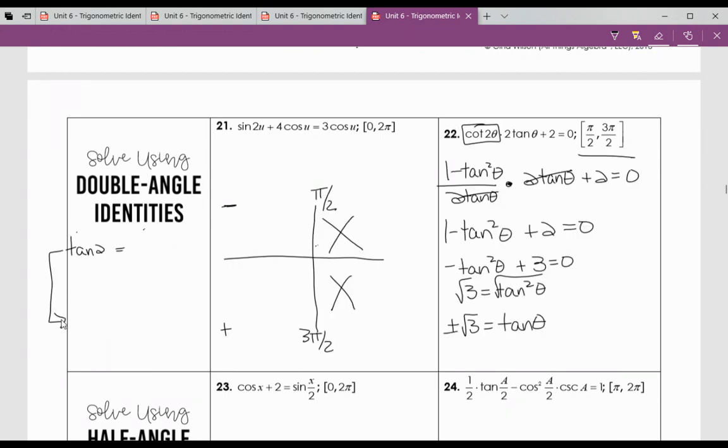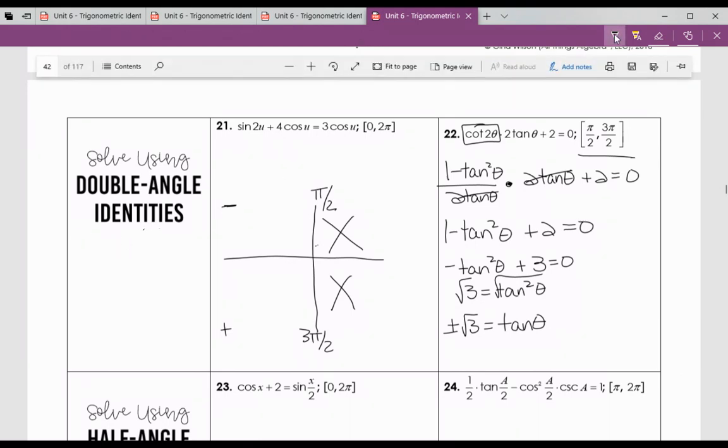Now, you have to remember tangent is tricky because tangent of every angle on the unit circle is the ratio y over x. So you need to find the y divided by x coordinate that produces the square root of 3. Well, in the second quadrant, that would be at 2 pi over 3.